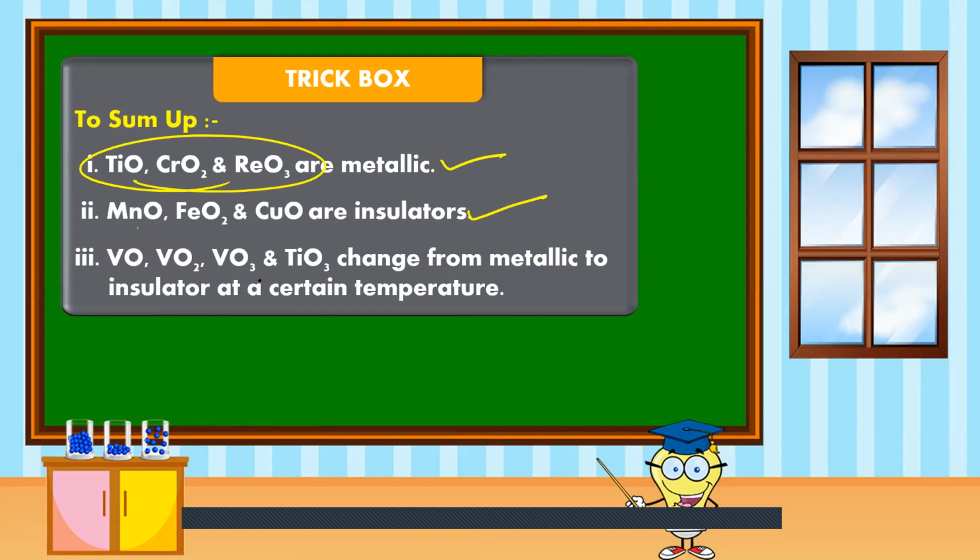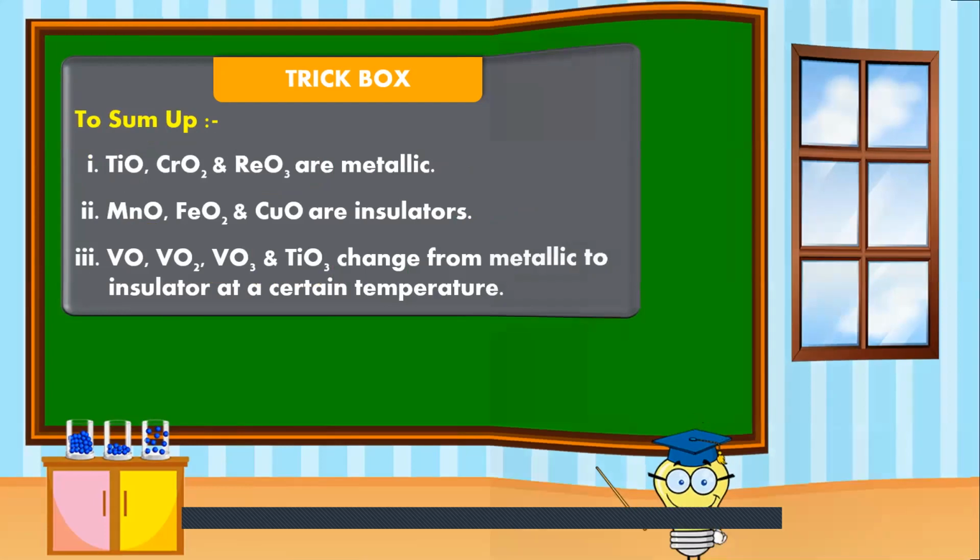VO, VO2, VO3, TiO3 are actually metallic, but it depends on temperature. If you change the temperature, they convert to insulator, and if you change the temperature again, they convert to metallic. Like that we can change it. So why am I telling you this? Because you need to remember this, because you can't tell whether they are insulators, conductors, metallic, or they change, just by seeing the examples.